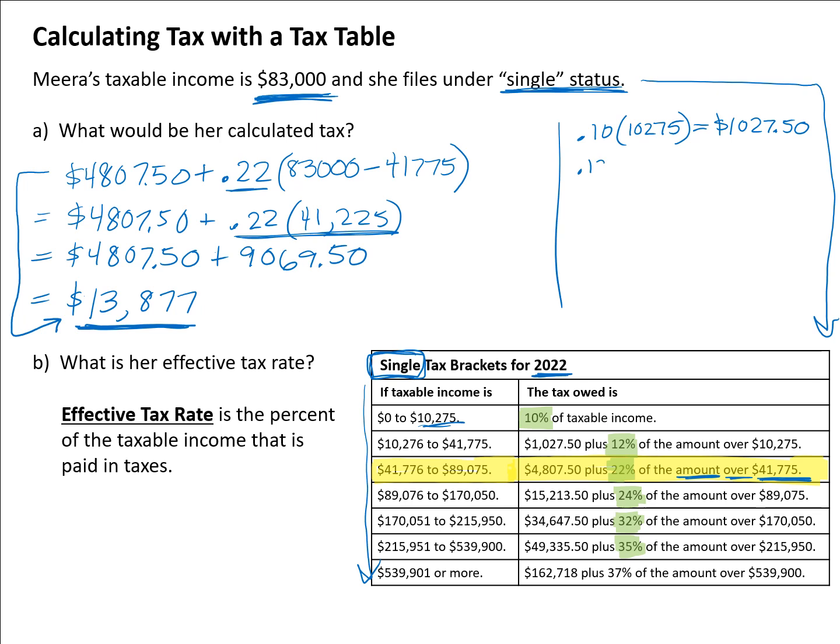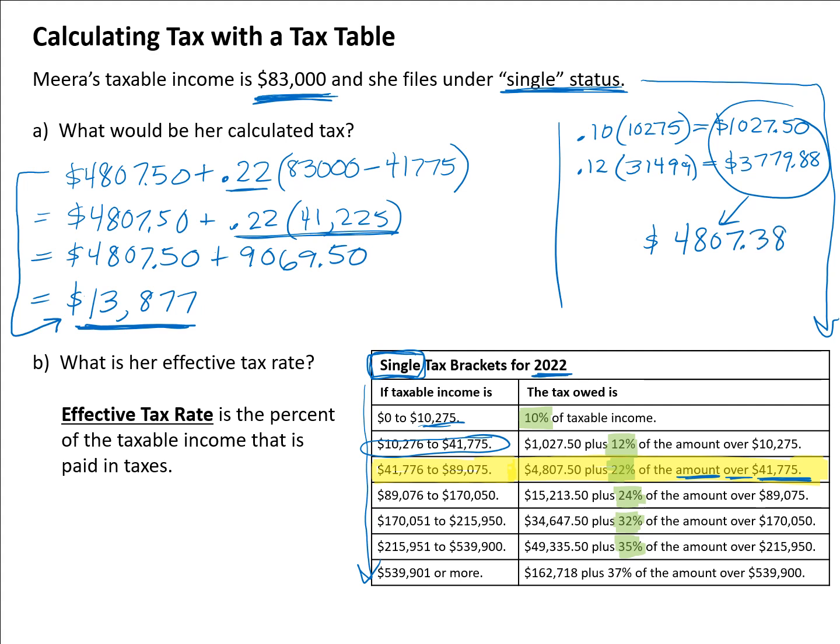And then she was charged 12% for the difference between $10,276 and $41,776. That's actually $31,499 that is in that second tax bracket charged at 12%. That comes out to be $3,779.88.